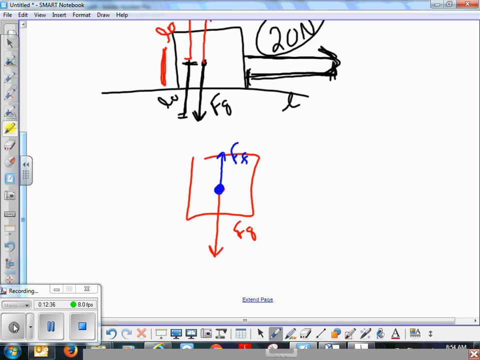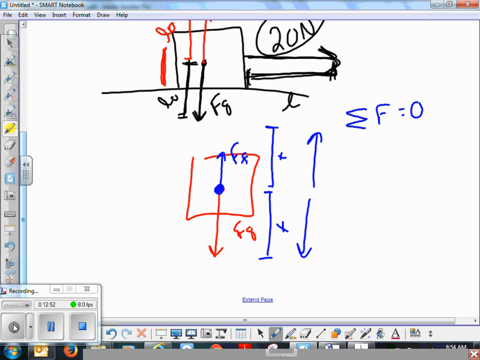If this thing is at terminal velocity, then this needs to be the same length, because the summation of forces would be equal to 0, since we'd have one in that direction, one in that direction. So this arrow would change to equal in length, but opposite in direction of the force of gravity. So this would be at terminal velocity.